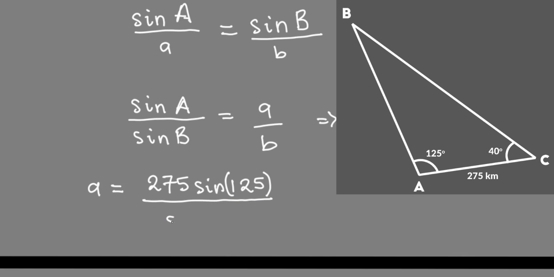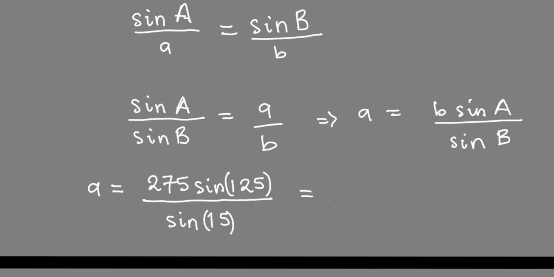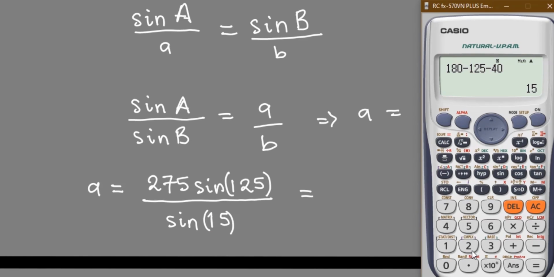Sin B, the value of B is the angle at B, which we found as 15. And therefore a here is going to be, you can start with the numerator there, 275 sin 125. Then we divide by sin 15. Notice I put sin 15 in brackets.